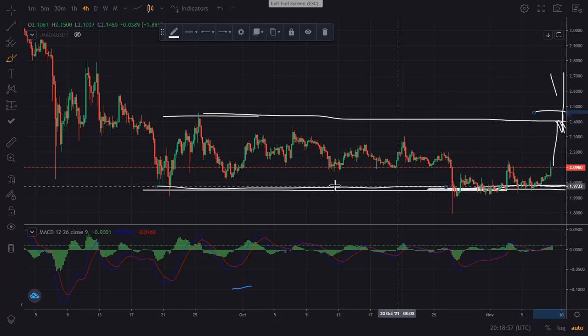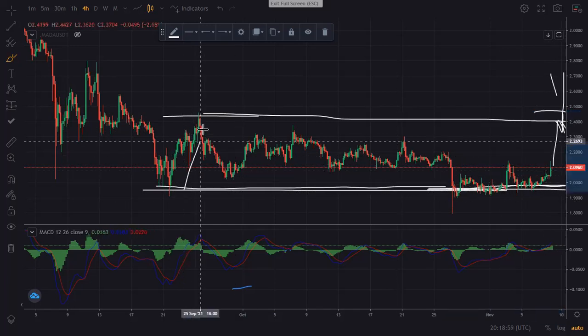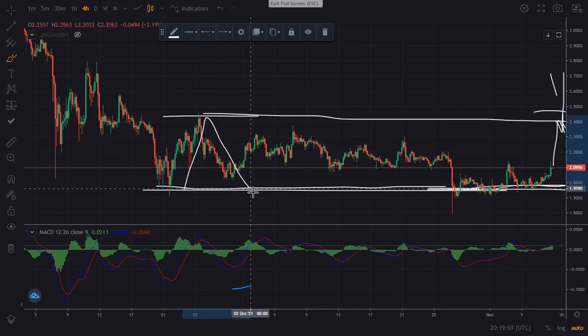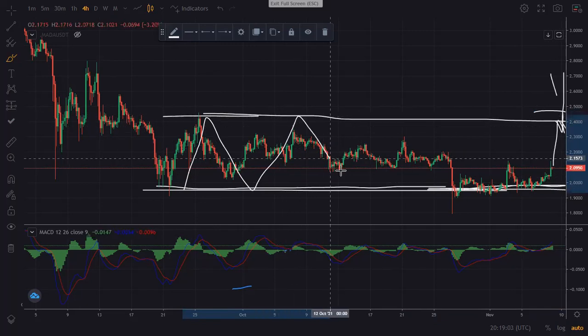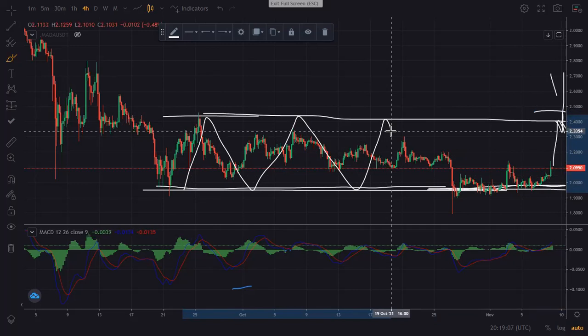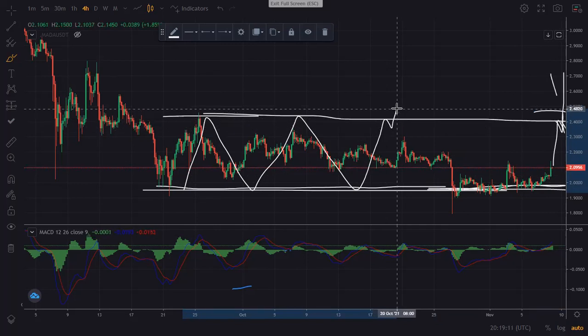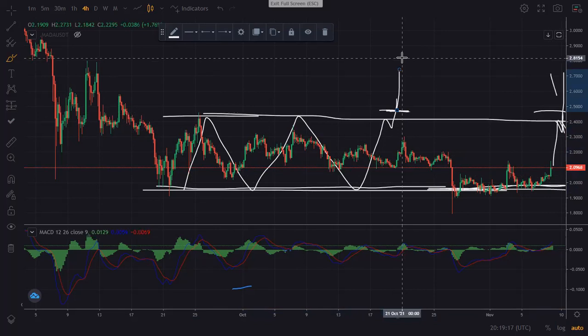Once it hits, okay, let's just take it down. The market is going like this, comes down, goes like this, hits here, and leaves this market. My brother, enter this market here because it's going to go high.